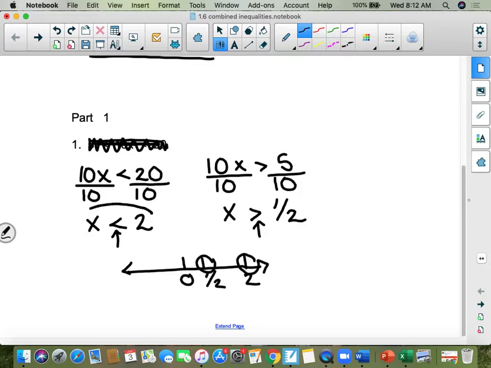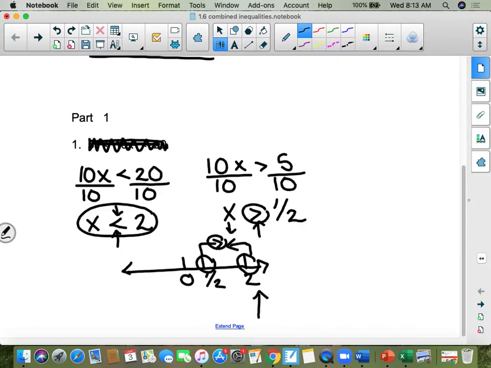Okay, let's start with the 2 first. So let's look at the 2, which is right here, you guys. You need to shade towards the left. Are these two arrows, this one right here and this one right here, going in the same direction? And same thing with the 1/2. This one and this one are going in the same direction.